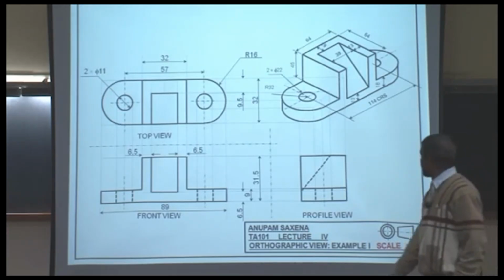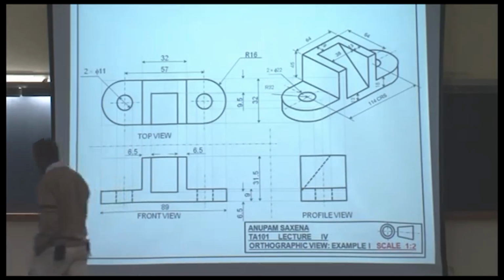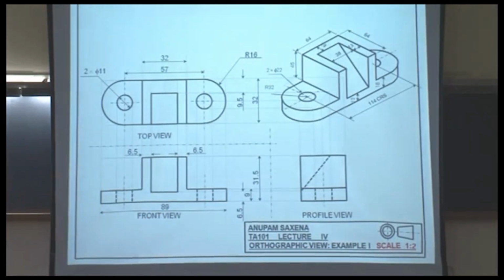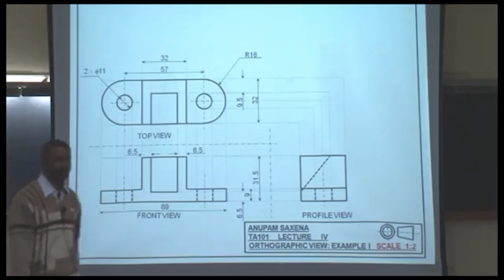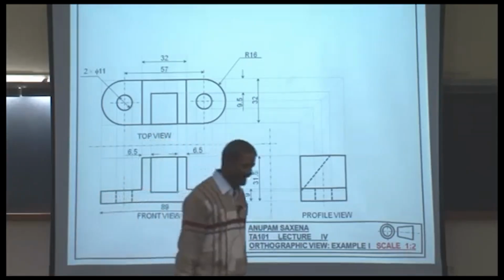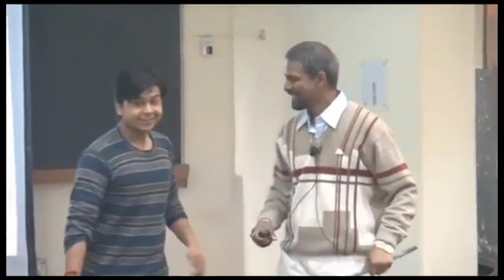What did we do? We took this solid and we drew the orthographic views in the third angle projection. Right? What if I don't give you this object? What if Mr. Ashish, can you come up? And Vasu is there. So, what if Ashish gives Vasu these 3 drawings and asks Vasu to interpret these drawings?